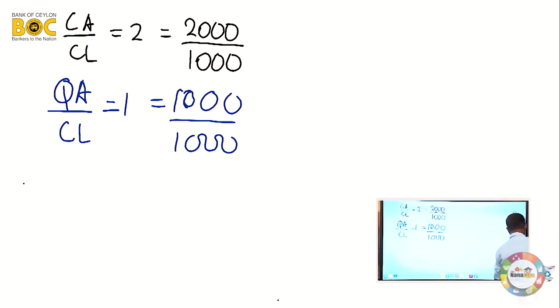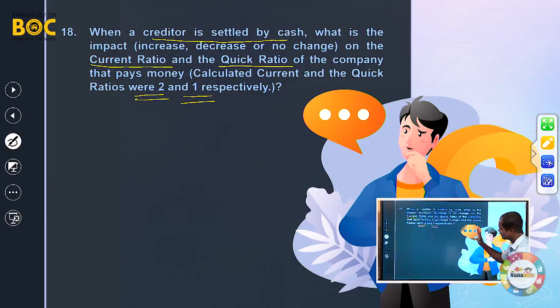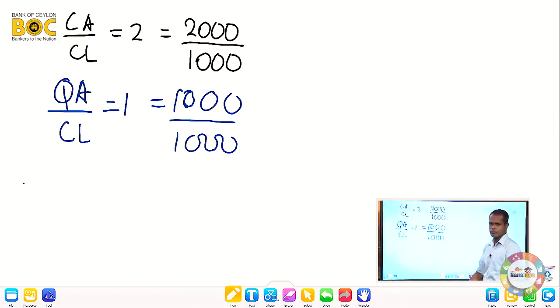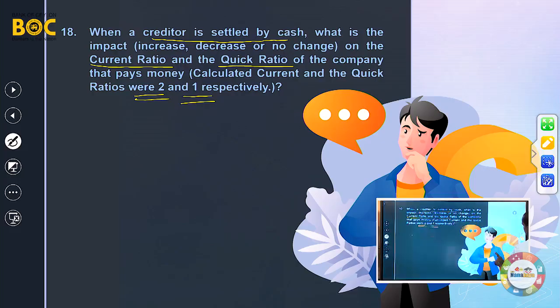This is not like a calculation question. For this type of question, the best thing is to write the formula and substitute random values. The given ratios are 2 and 1.